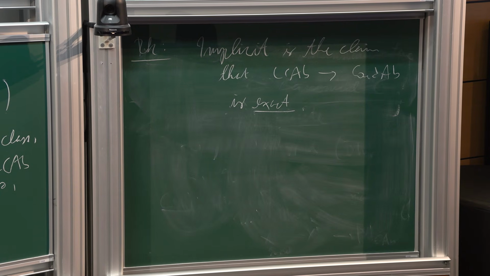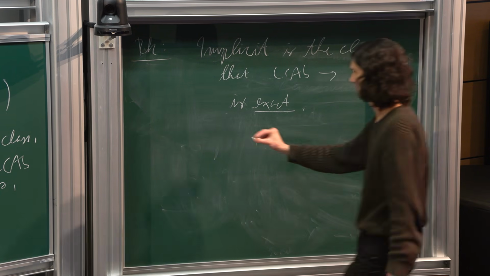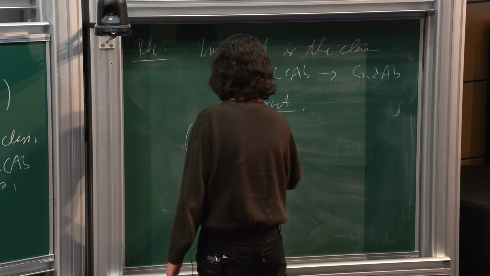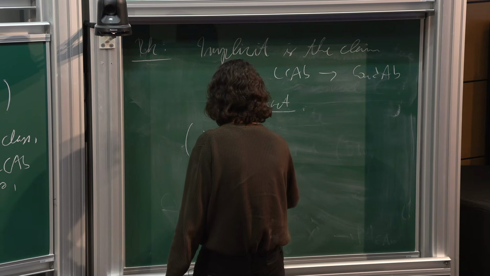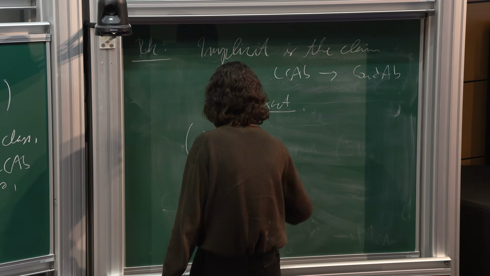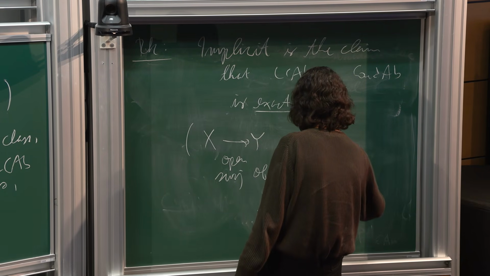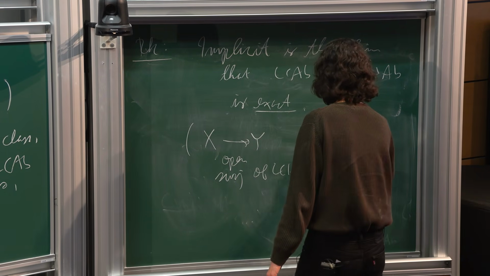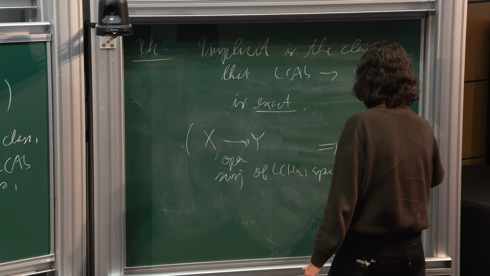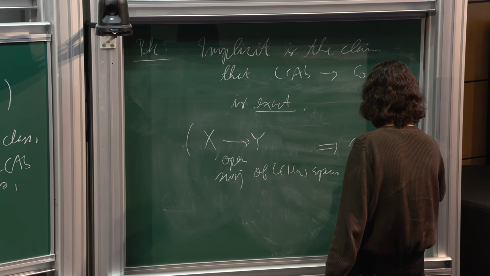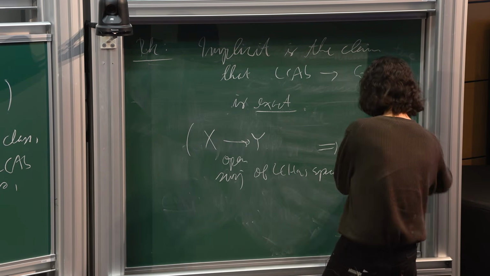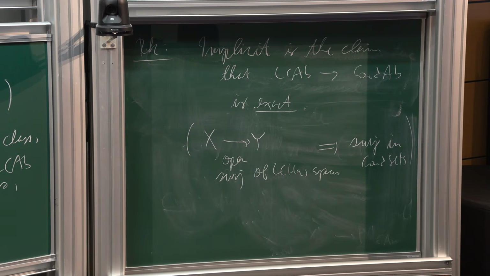The only thing that you need to remark is, in fact, more generally, if you have an open surjection of locally compact Hausdorff spaces, then it's a surjection in condensed sets, an epimorphism in condensed sets. That's the only non-obvious point here.